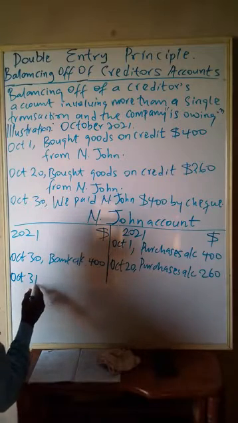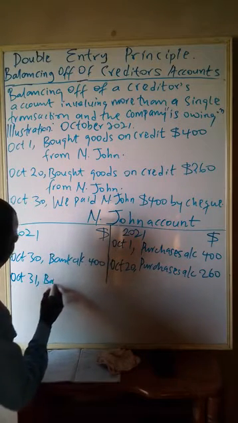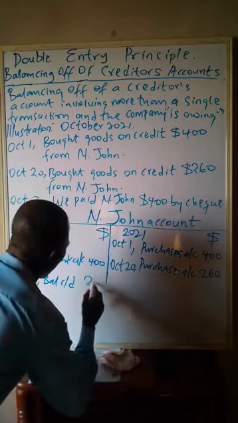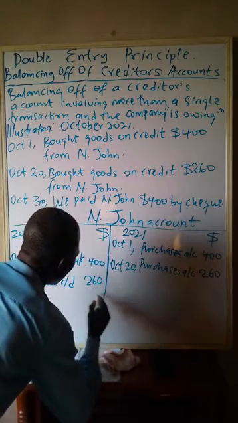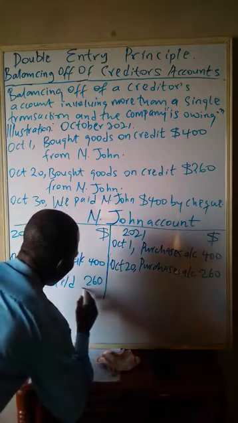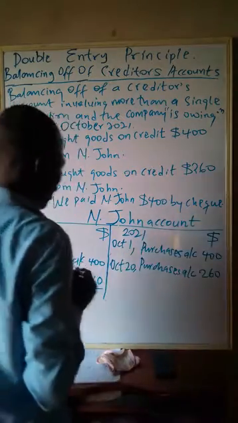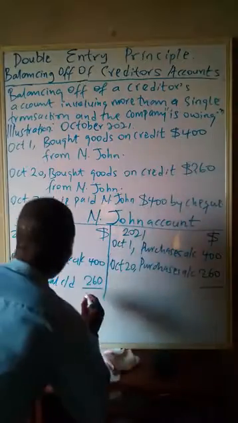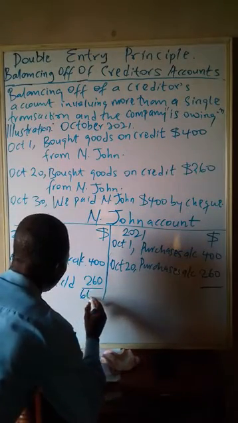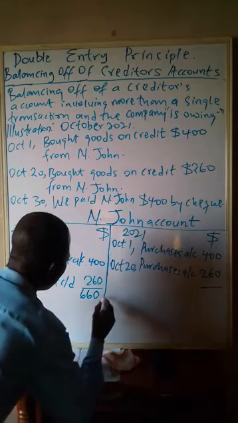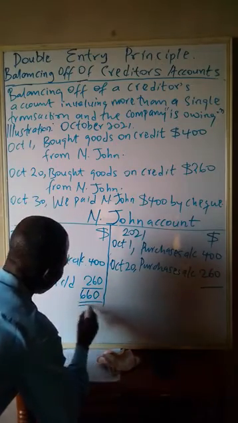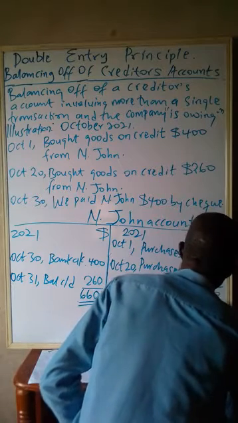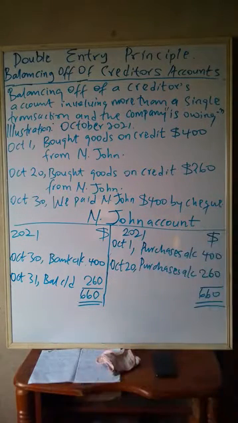October 31st, we have a balance CD here, and the balance is 260. Then you insert a single line above the total figure. What's the total figure? 660, right? Then a double line underneath your balance.